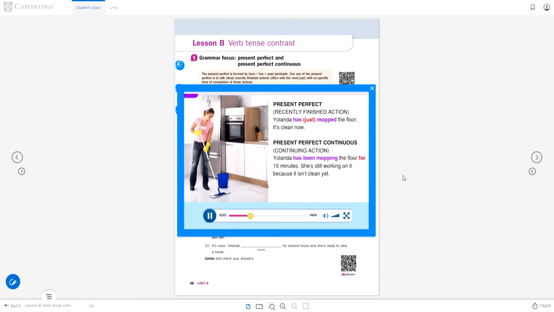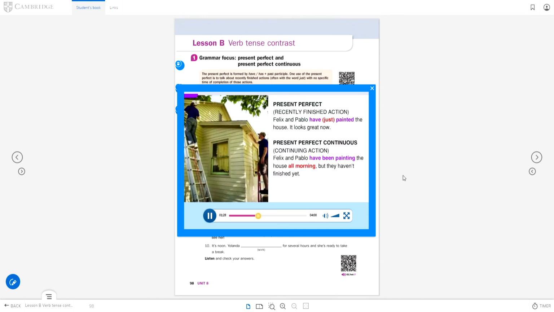Present perfect. Recently finished action. Yolanda has just mopped the floor. It's clean now. Present perfect continuous. Continuing action. Yolanda has been mopping the floor for 15 minutes. She's still working on it because it isn't clean yet.